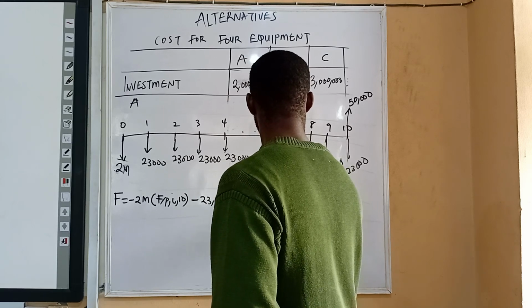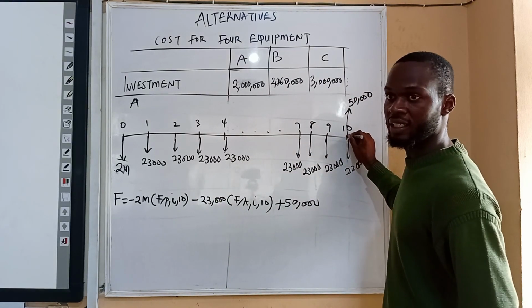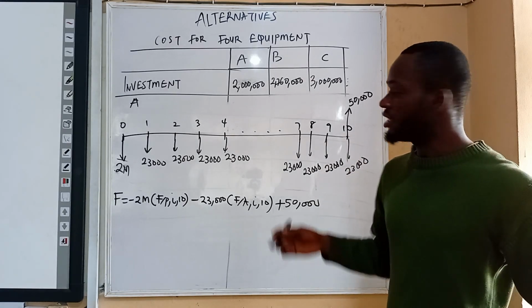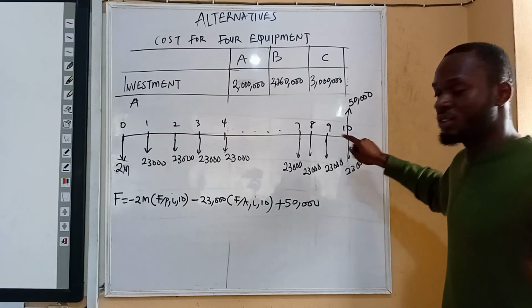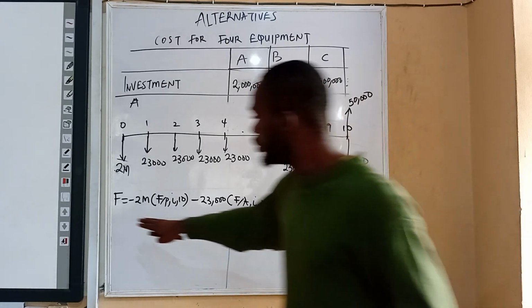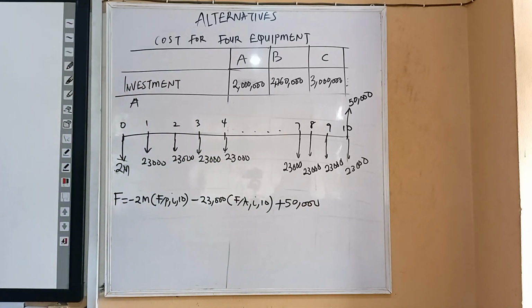Plus 50,000, because this one is already at this place. So there's no computation. So once you do this, you keep your answer. You do for everything, you keep the answer for the total equipment.